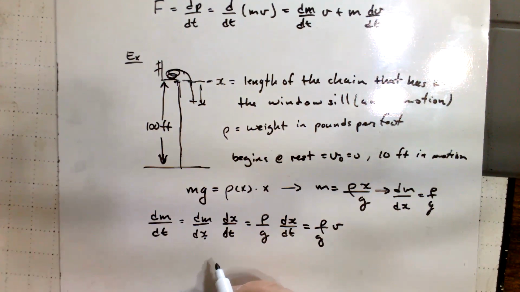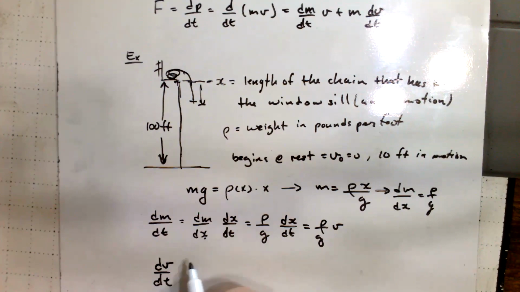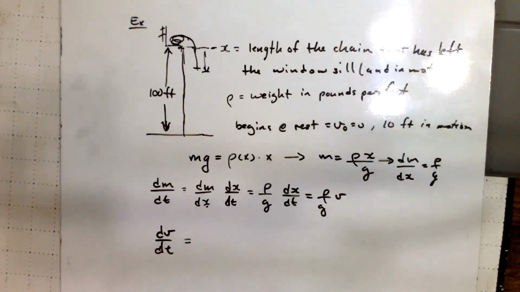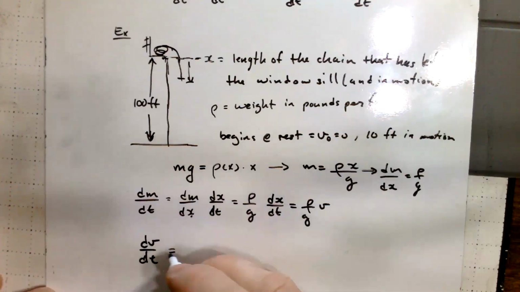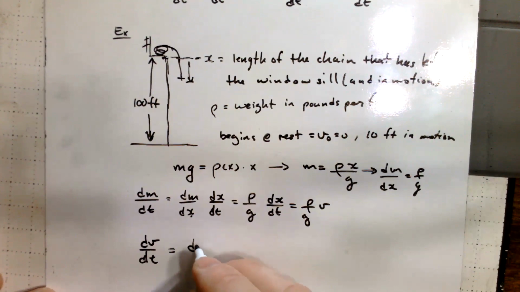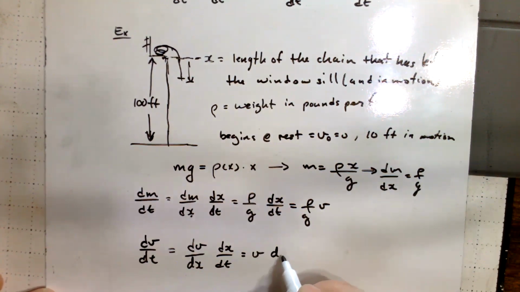Okay, so let's go ahead and plug this back in. Looking back at the original one, dv dt, let's express that in terms of x as well. We know dv dt is equal to dv dx times dx dt, which is also equal to velocity times dv dx.